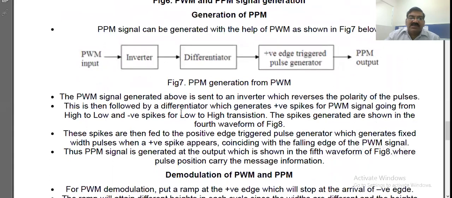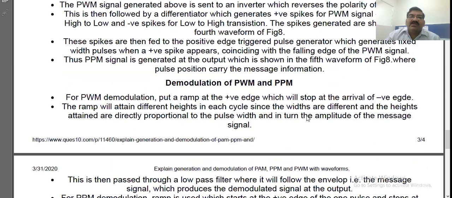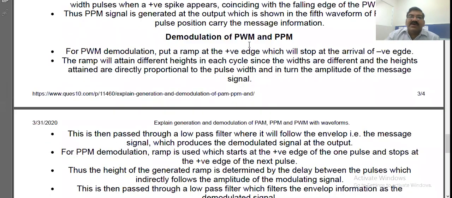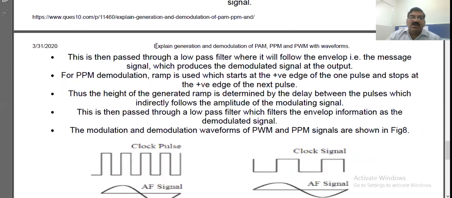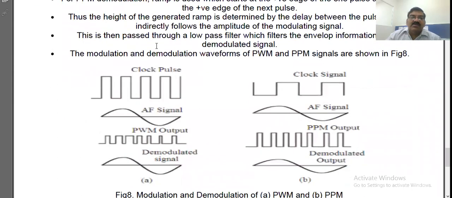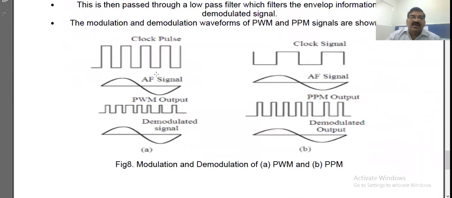Now we will go for the demodulation: how pulse width modulation and pulse position demodulation is done. Modulation is done, so now we'll go for the demodulation. Simple thing, this is the pulse width modulation, and for it, this is the clock.